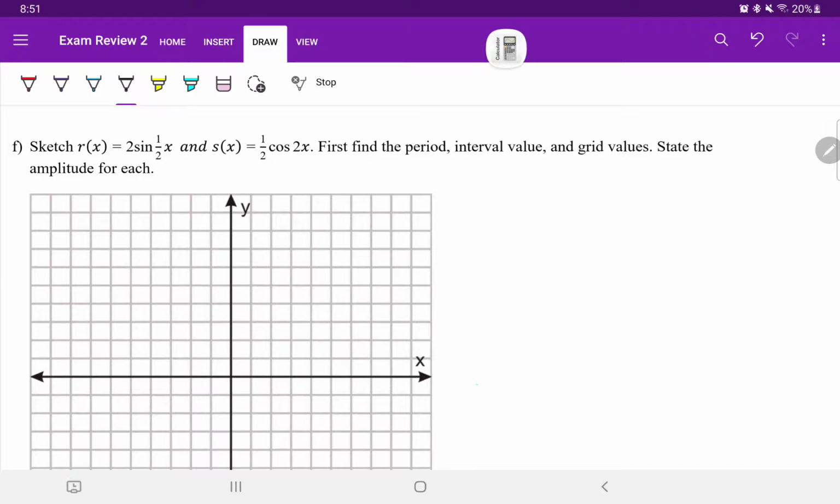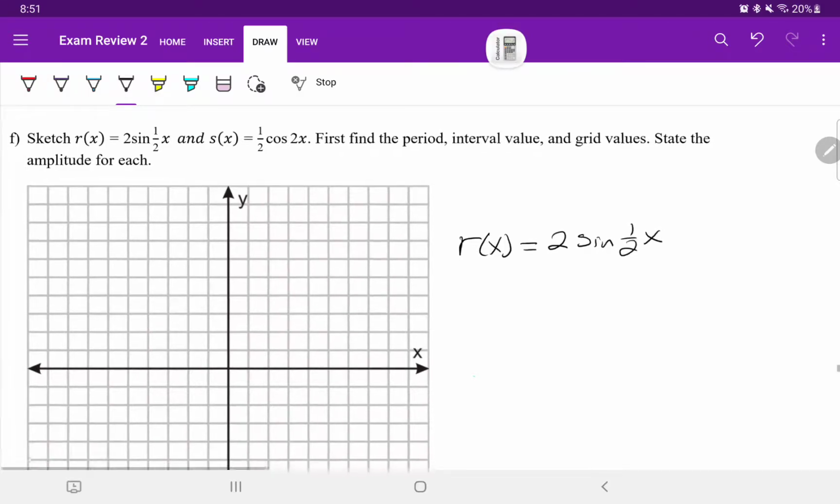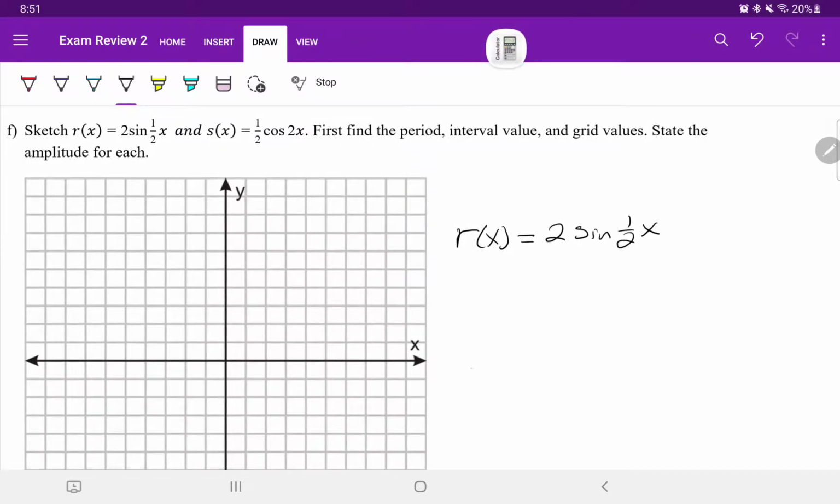Now, this one is pretty straightforward. It's the same, except the amplitude is different from the other function. Now, let's start with r of x. R of x equals 2 sine of 1/2 x. We already found the period. The period is going to be 4 pi.